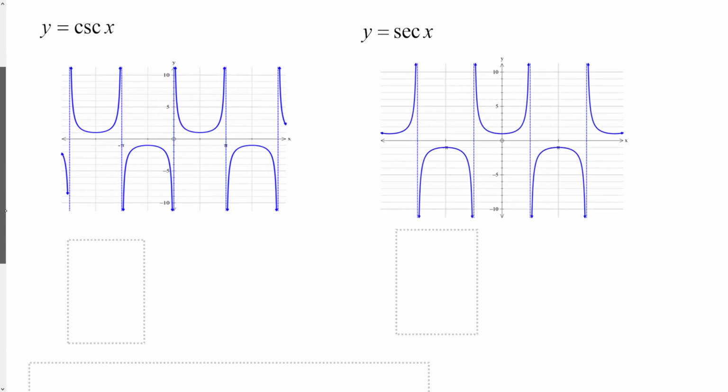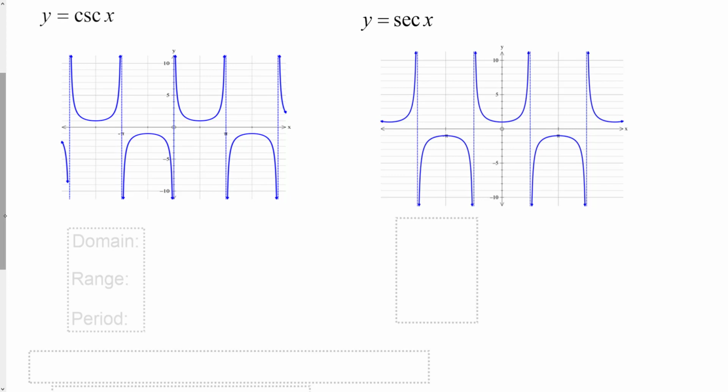Some important aspects of secant and cosecant, as with any function, starting with the domain. The domain is all the points that you could put into the function and get a real number back out. So this is occurring at every single point where there's not a vertical asymptote.